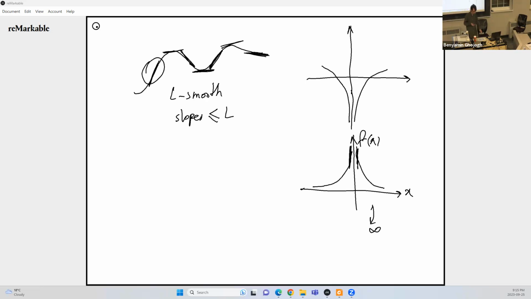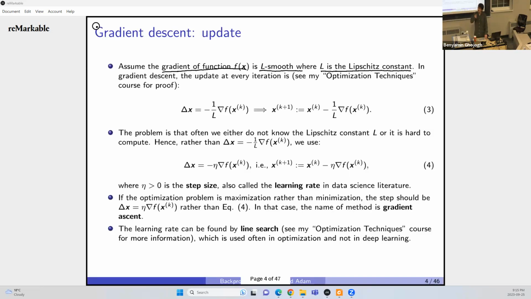When I say L smoothness with parameter L, Lipschitz continuous or Lipschitz smooth with parameter L, that parameter L is the upper bound on the slope of the function. Okay, agreed? Understood? So, as I said, for more information, see my optimization techniques course. But if you see that course, you will see that in gradient descent, this is the step. This must be the step.